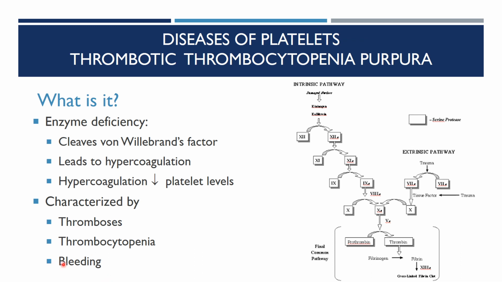As they form these blood clots in circulation, they're going to bleed more because they can't stop bleeding. So with thrombocytopenia you get a decrease because you're forming blood clots because of this deficient enzyme that cuts von Willebrand factor.